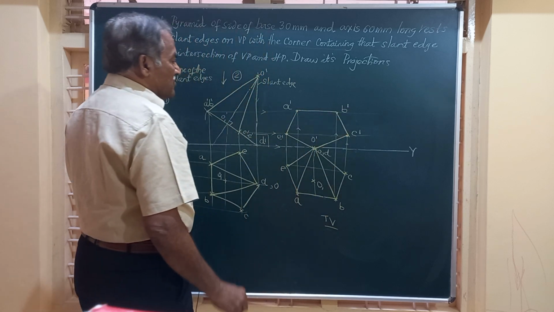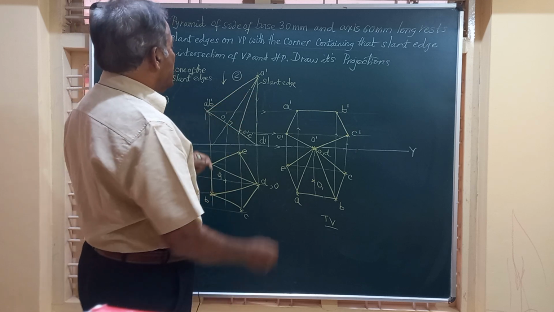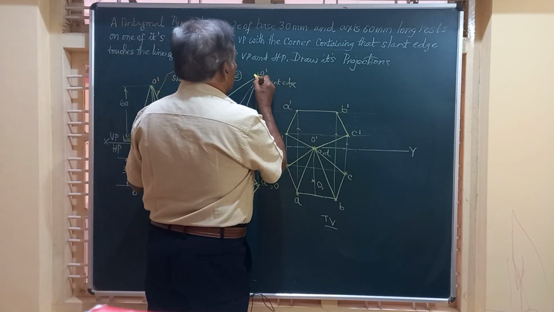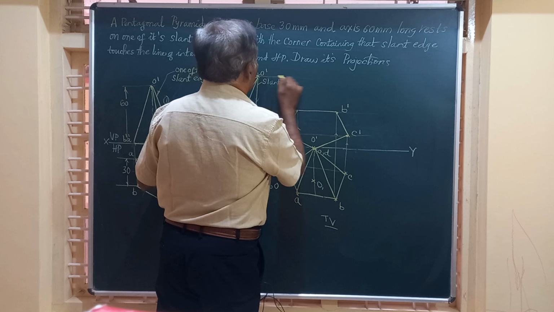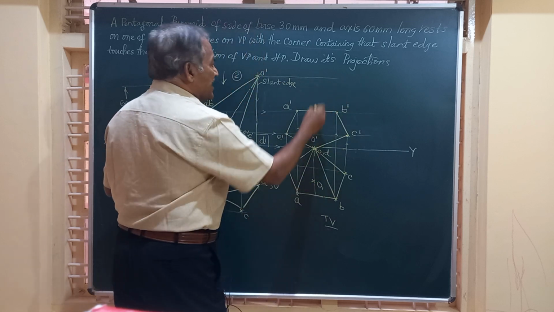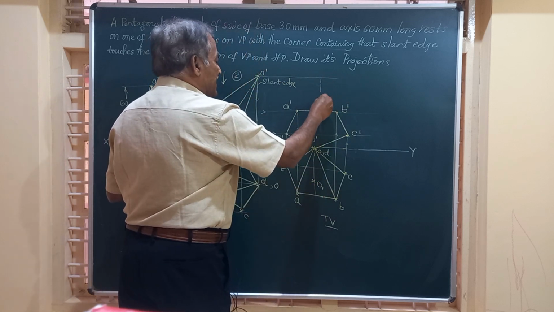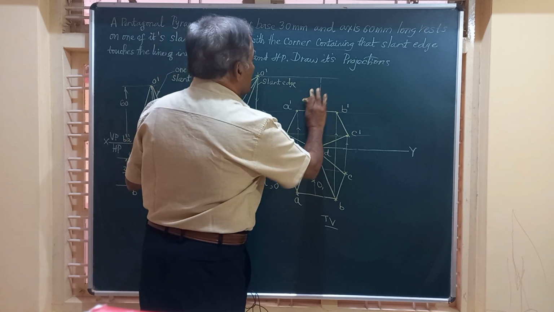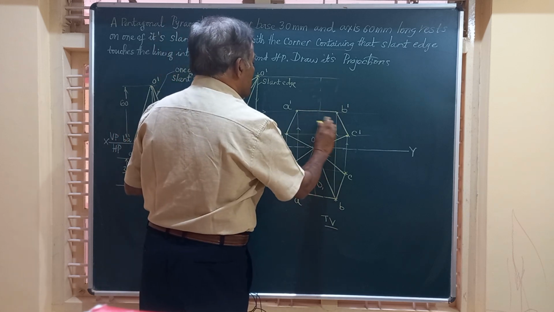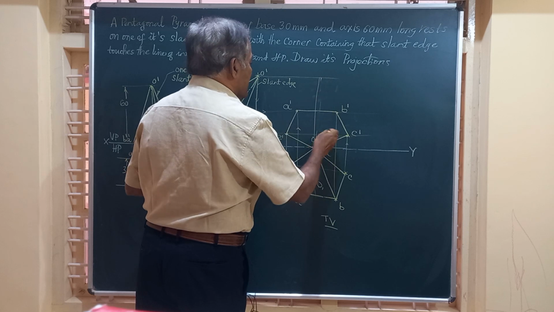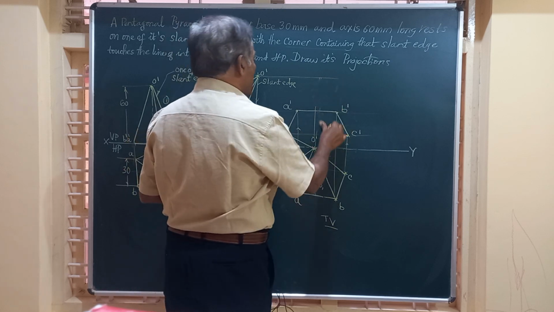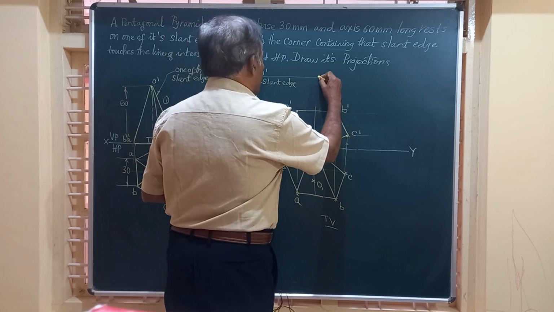And friends, we have to obtain the vertex of the solid. Vertex is O dash. Draw a horizontal line through O dash, a vertical line through this. They meet at a common point. These two meet at a common point. So this is going to be the vertex of the object.